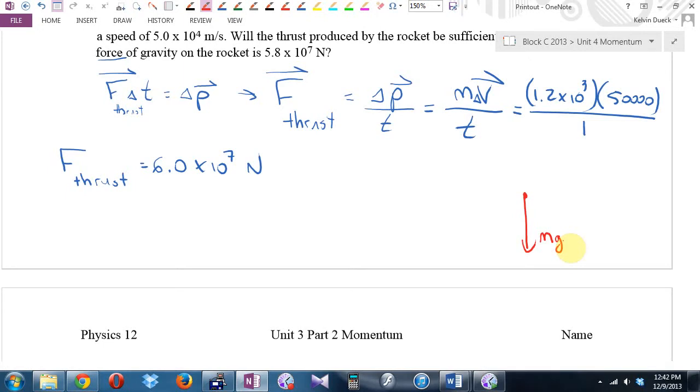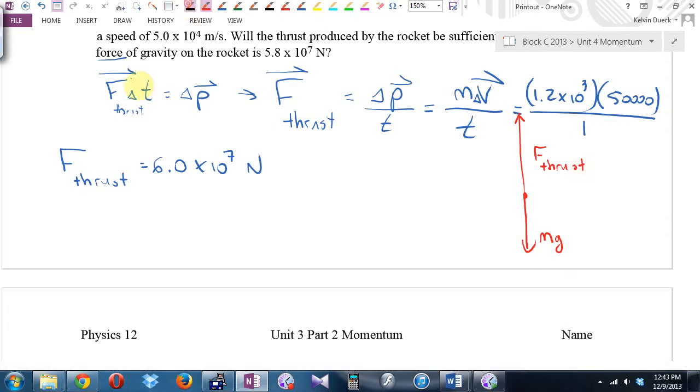Thrust. Yes? And slightly bigger than gravity? Looking at the numbers, yeah? Who's winning? Really? We just did a whole test on this a little while ago.